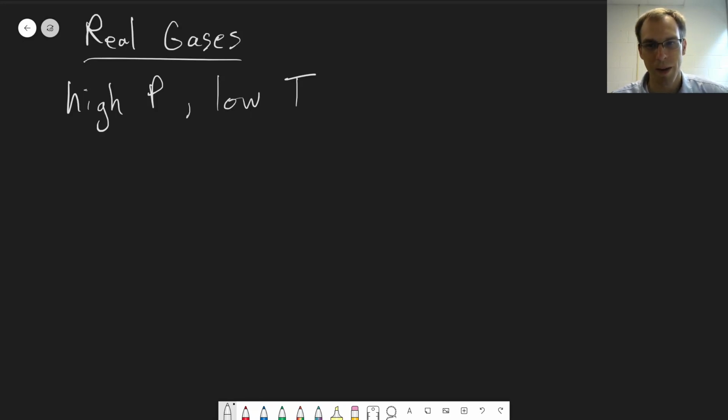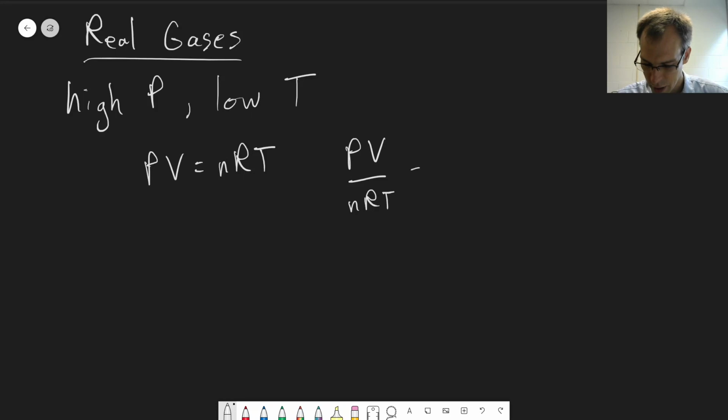Now, one way to keep track of what's going on with real gases is, we have the ideal gas law, PV equals nRT, and one way we can reorganize this is to divide everything. If we divide PV by nRT, if we have an ideal gas, that should equal 1, just by definition of the ideal gas law.